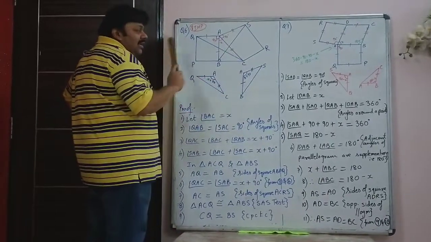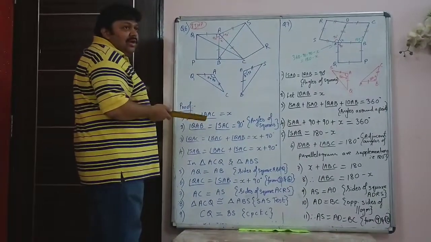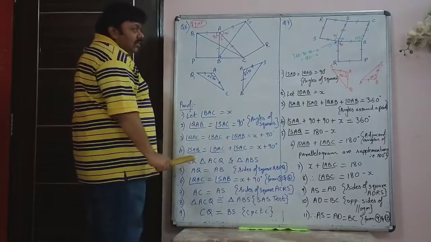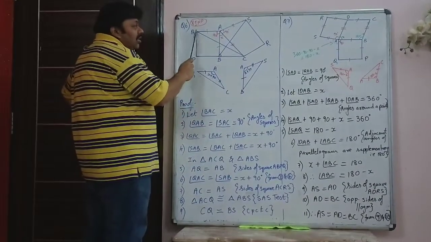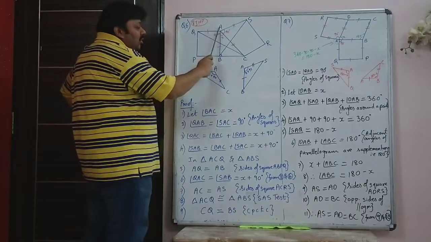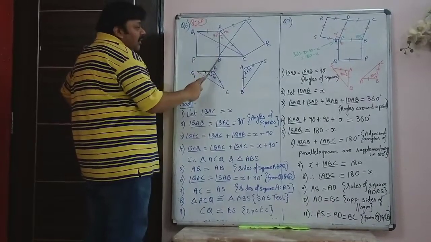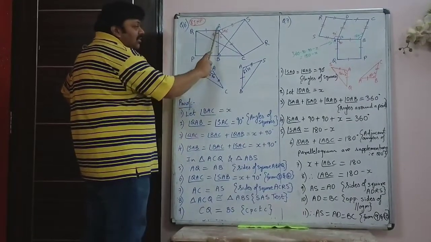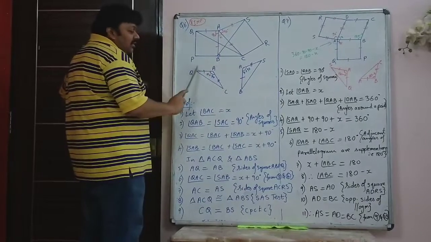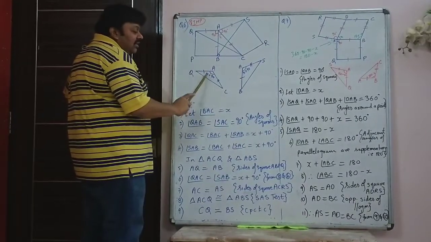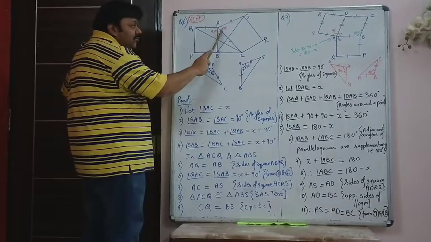SAC is also 90 because that is also an angle of another square. So what is your angle QAC? QAC is this QAB, which was 90, plus BAC, which is x. So QAC is x plus 90.